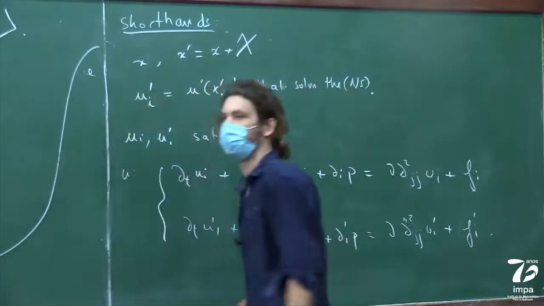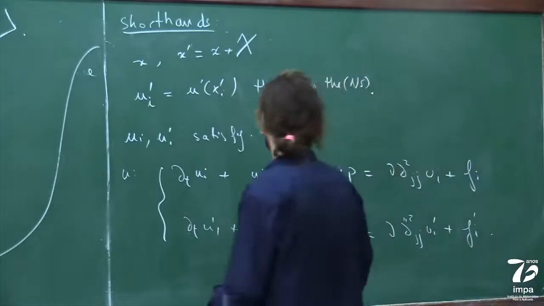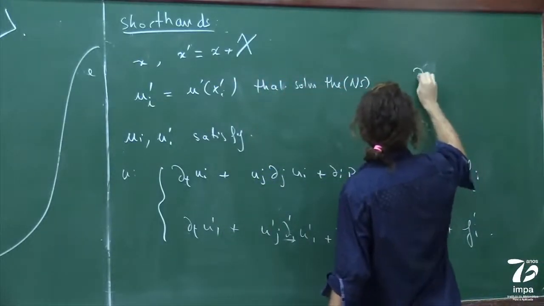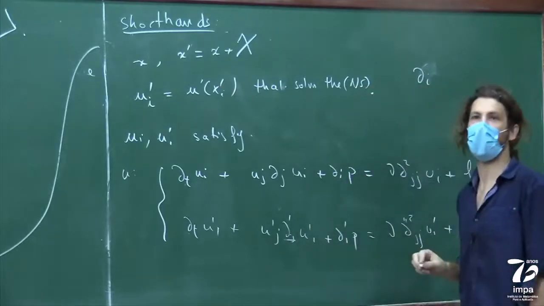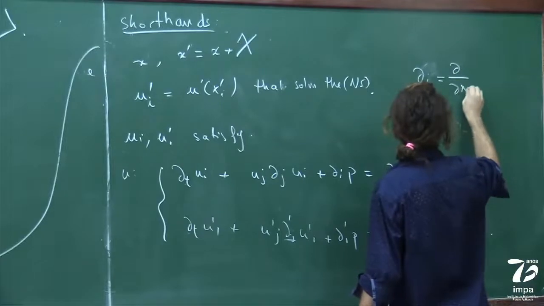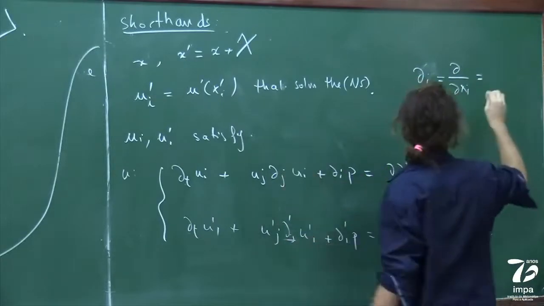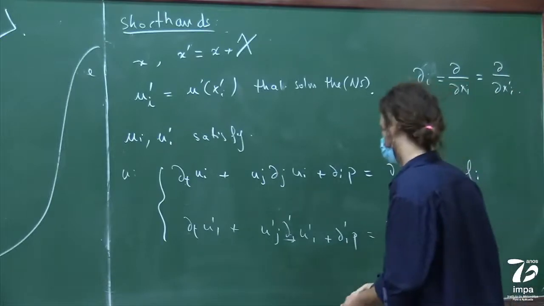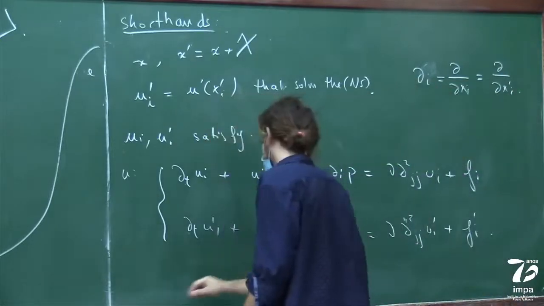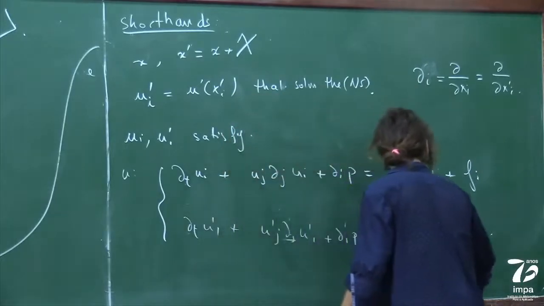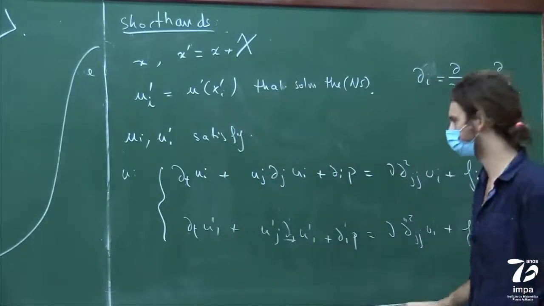And so what we can remark is that the derivative with respect to i is d over dx_i, and this is also the derivative with respect to x prime_i. So here I can erase those guys. Okay.